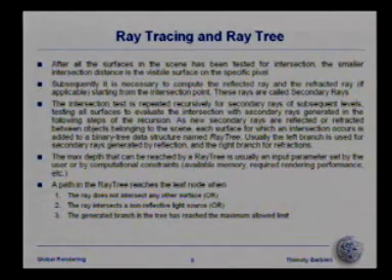After all the surfaces in the scene have been tested for intersection, the intersection which has the smaller intersection distance is the visible surface on the specific pixel. Subsequently, it is necessary to compute the reflected ray and the refracted ray, if applicable, starting from the intersection point. These rays are called the secondary rays.